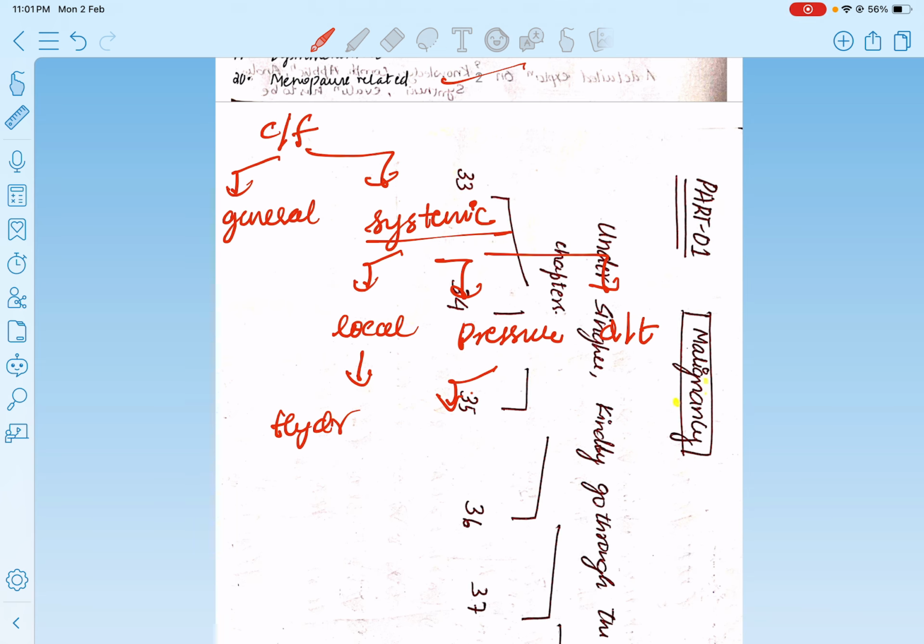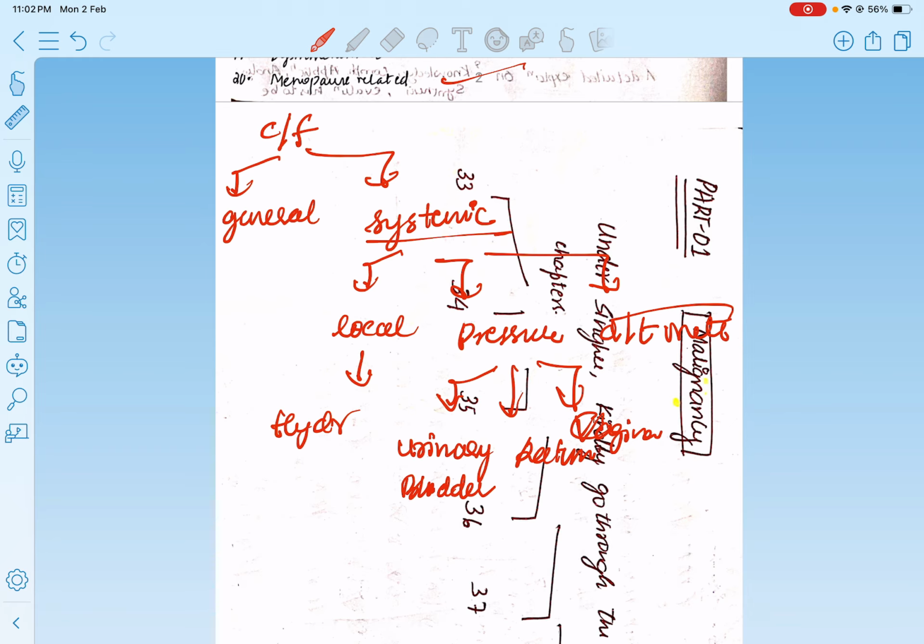While writing pressure symptoms, divide them into urinary bladder and rectum, and due to metastasis, you might get symptoms due to lung or liver.